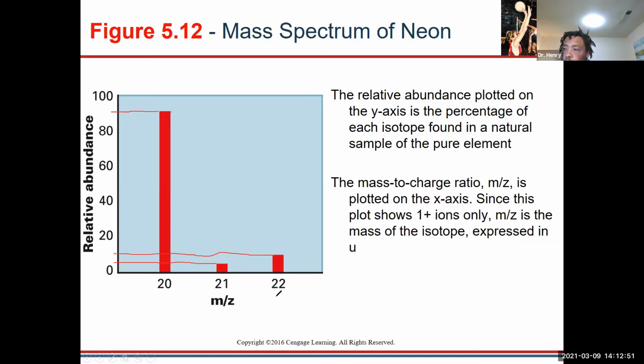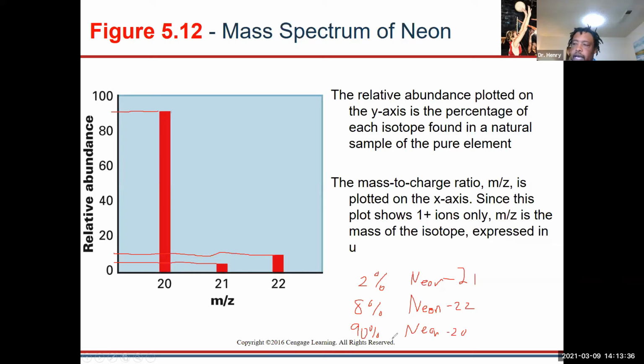So if we assume about 2% of neon-21, 8% of neon-22, and 90% of neon-20.